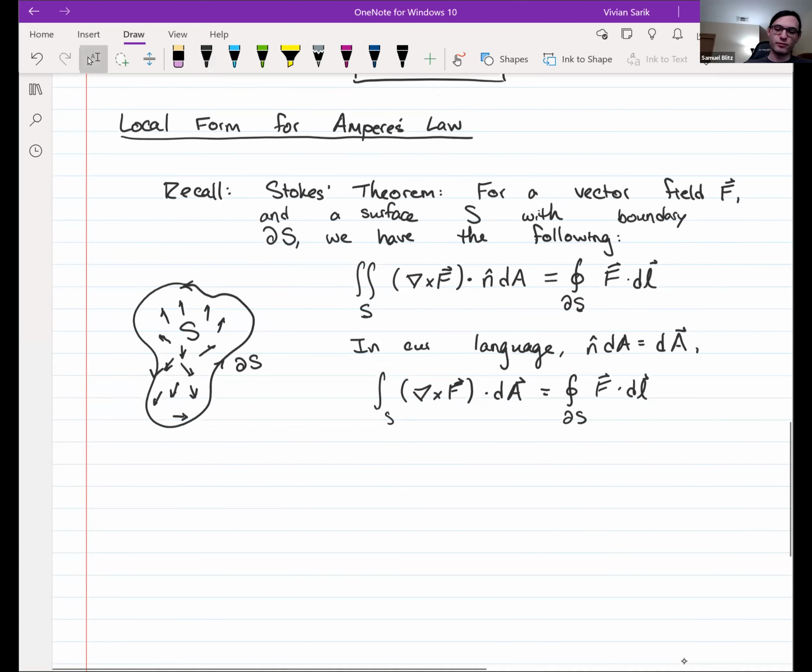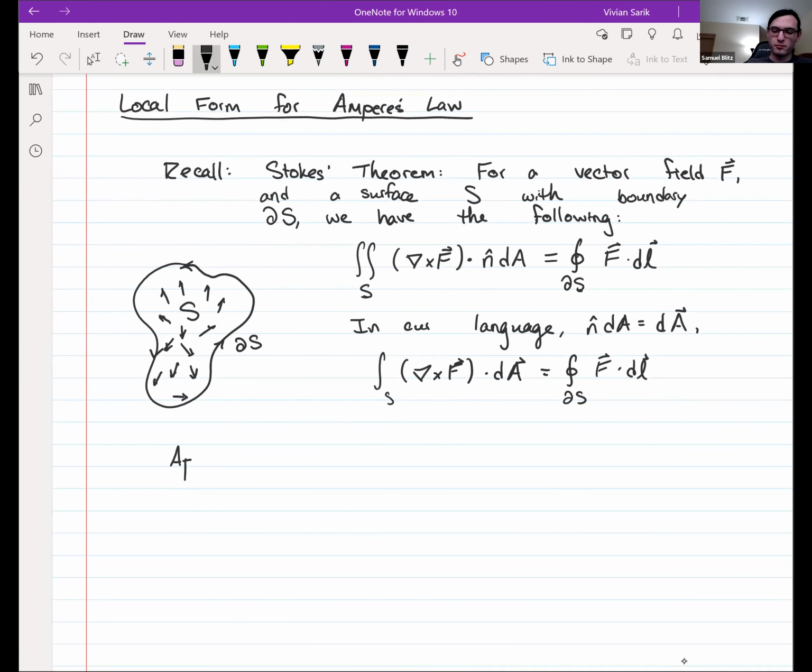So applying this to Ampere's law, we have that an integral over the loop, the Amperian loop, of B dot dl is equal to, and I have to put a bunch of words. That's our language. It's just the language that physicists use. It's less formally mathematical.